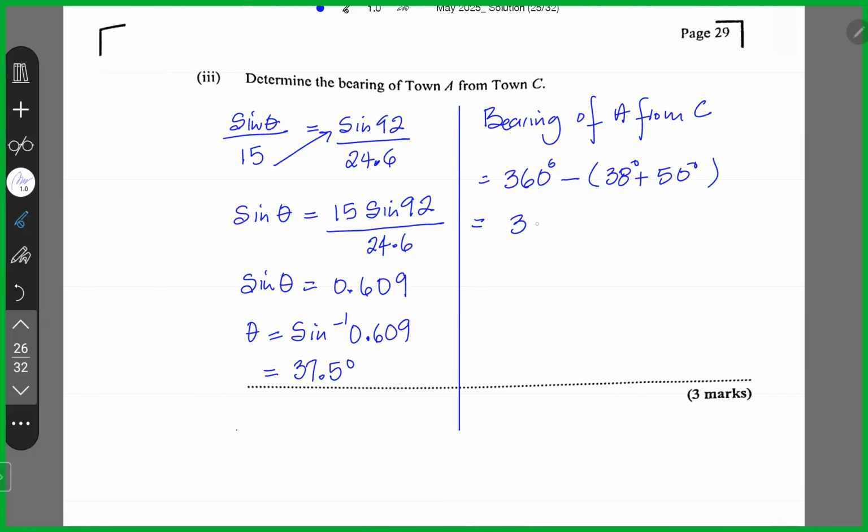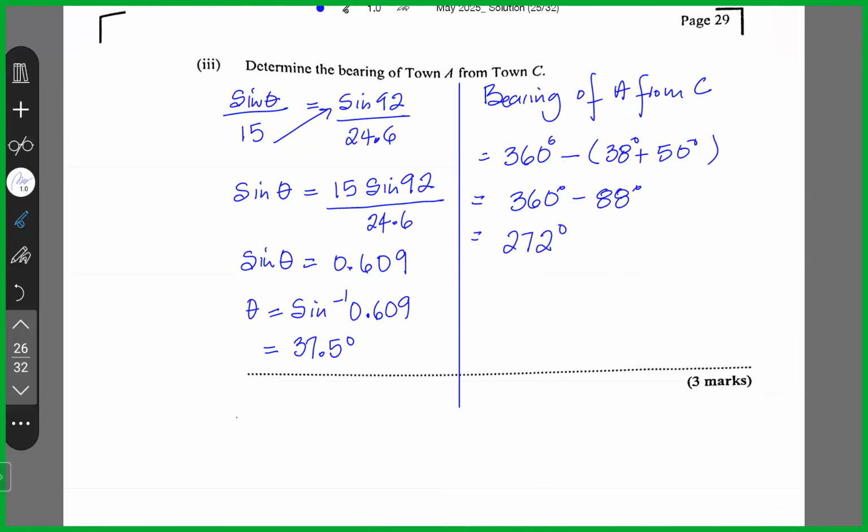That's 360 minus 88, and what we have is 272 degrees. The bearing of A from C is 272 degrees.